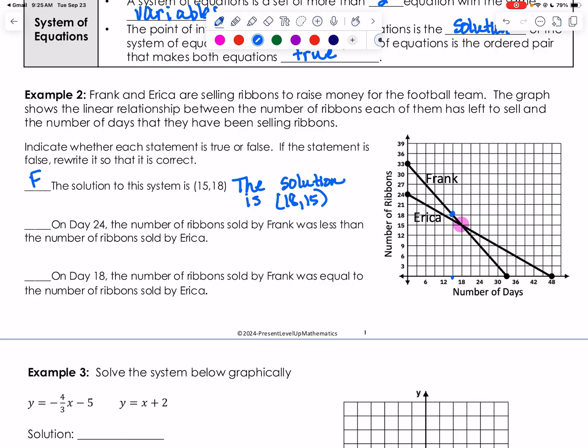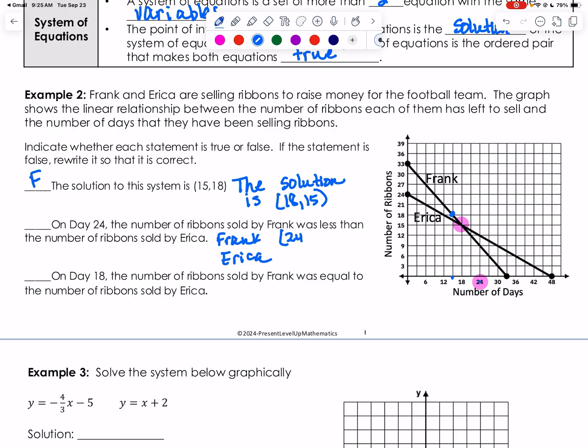Okay. All right, the next statement. On day 24, that would be right here, the number of ribbons sold by Frank was less than the number of ribbons sold by Erica. So let's see, Frank and Erica.